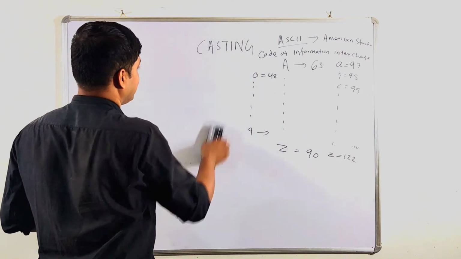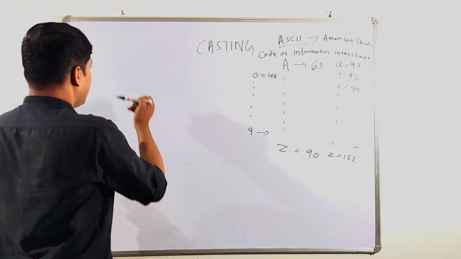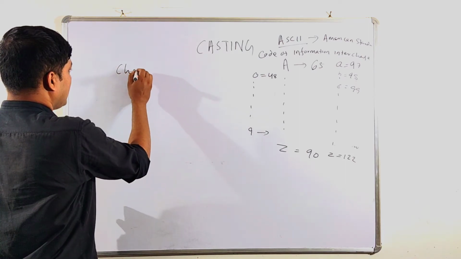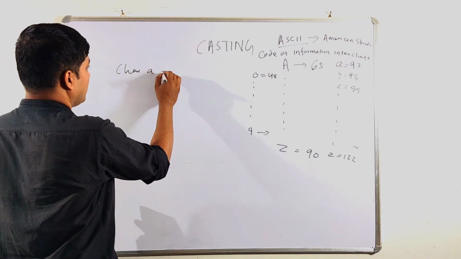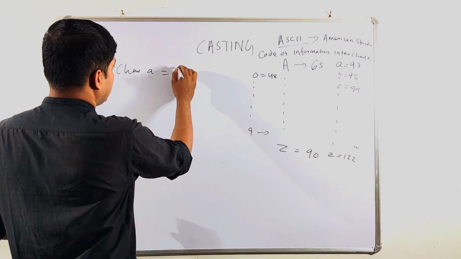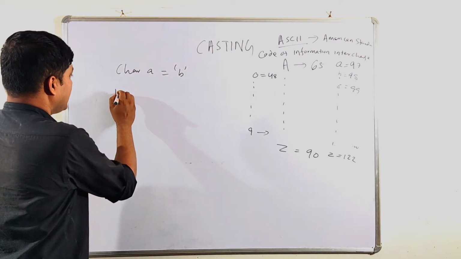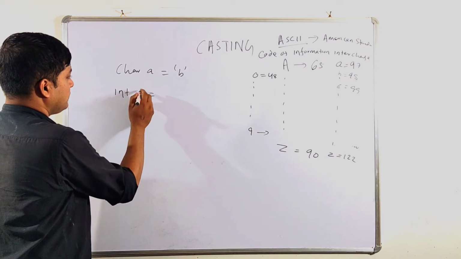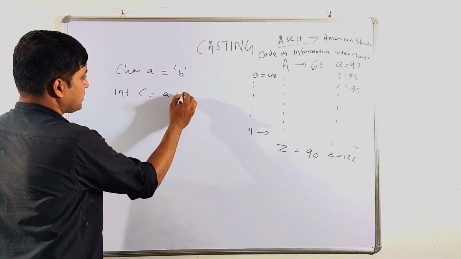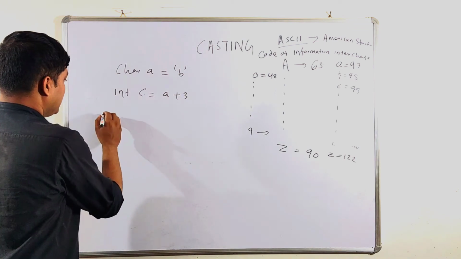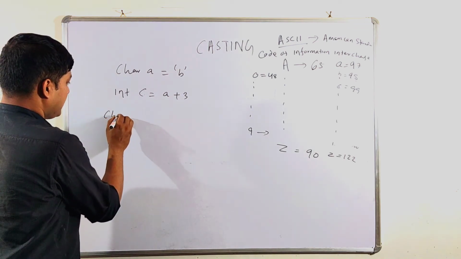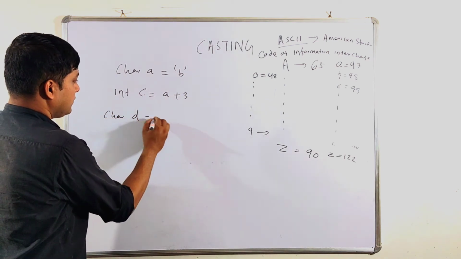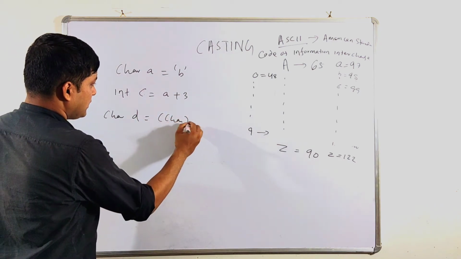So let's do some examples. I am writing char a equal to 'b'. I am writing int c equal to a plus 3. Then I am writing char d equal to (char) c.